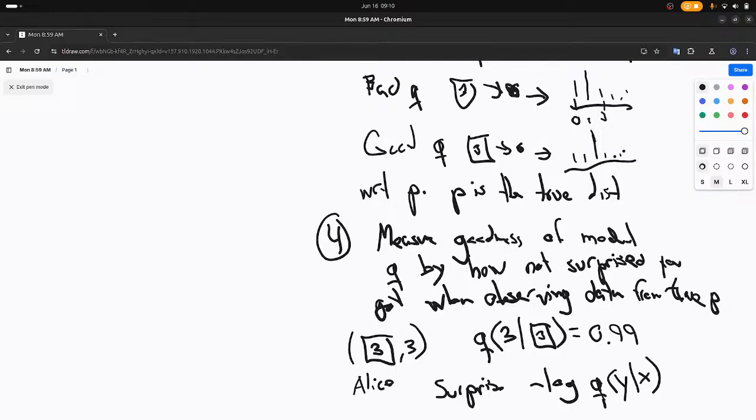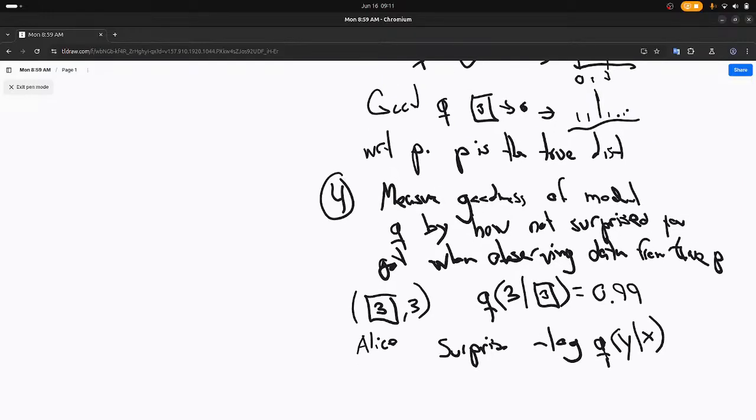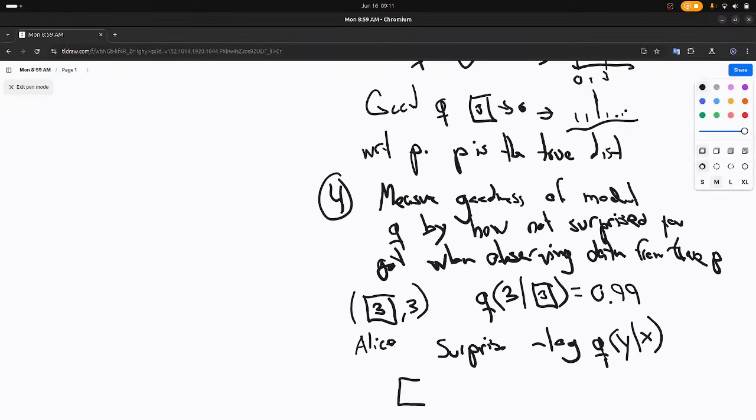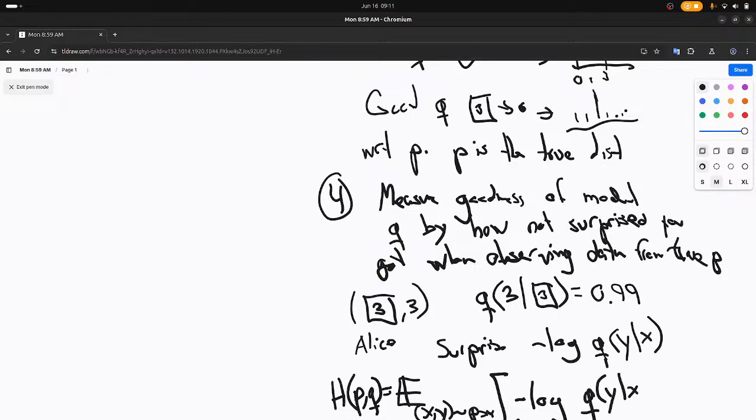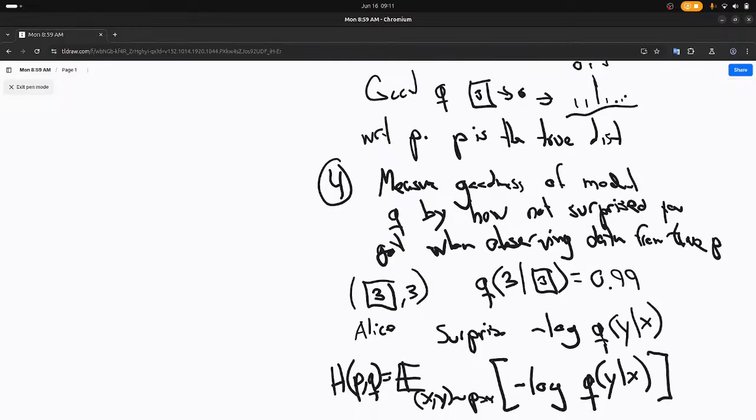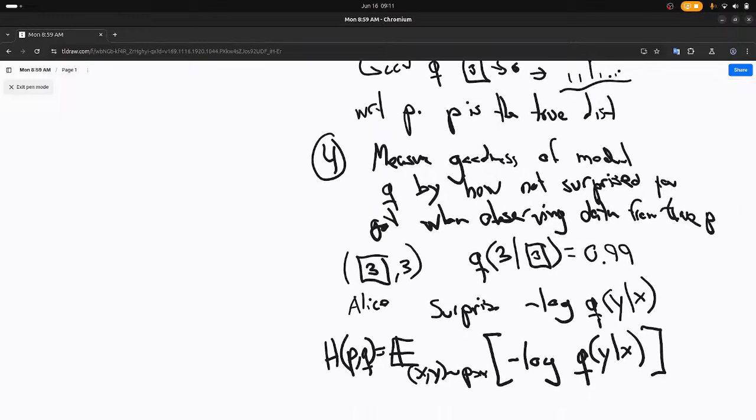So we are trying to minimize the cross-entropy where we sample X and Y's from our true world and we evaluate how surprised Bob is getting. And this is on average.